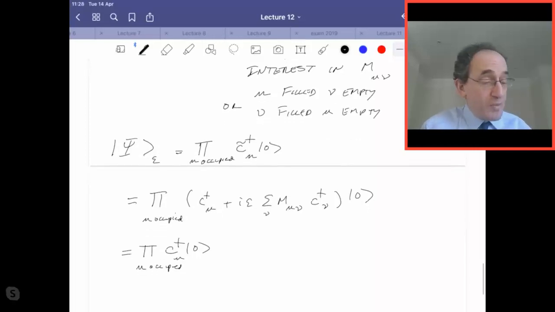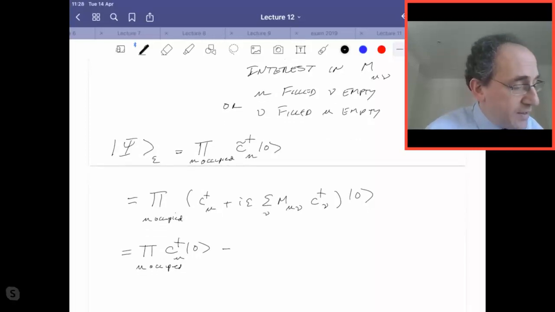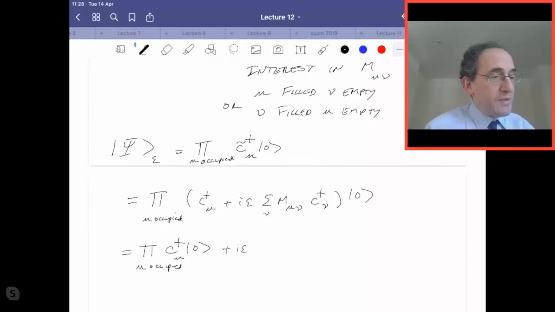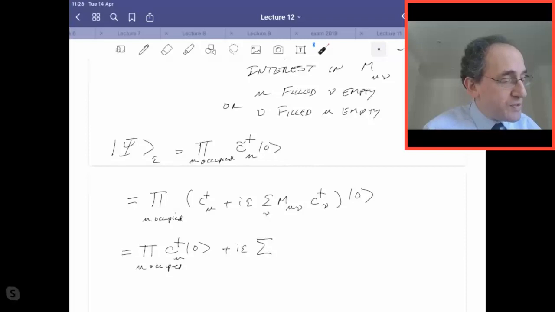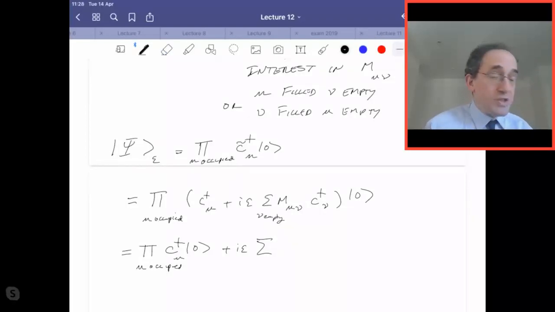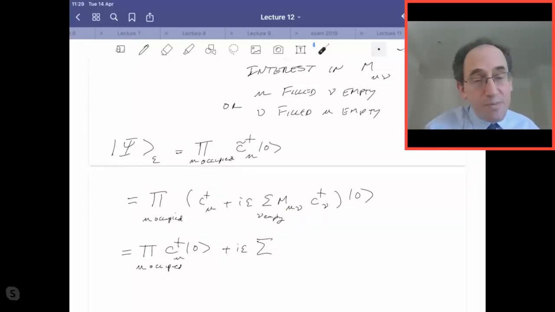Okay, so the leading term has no epsilons, so it's the product over mu occupied of c dagger mu on 0. That's the leading term with no epsilons, and then the term with one epsilon will be i epsilon. I'll write it this way. Here I can choose to only use the nu's that are empty. Remember, we don't want m to be non-zero when both mu and nu are filled or both mu and nu are empty, because that's rotating either two empties into each other or two filled into each other.